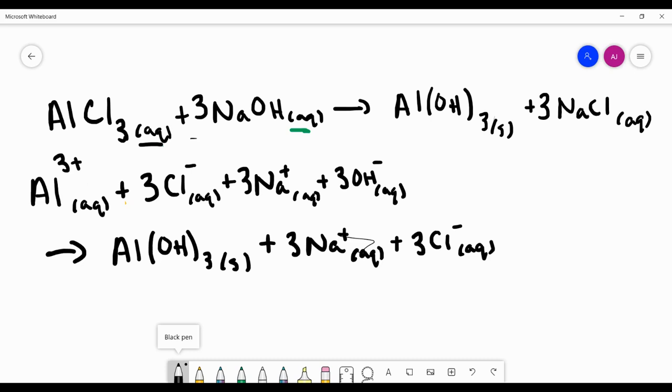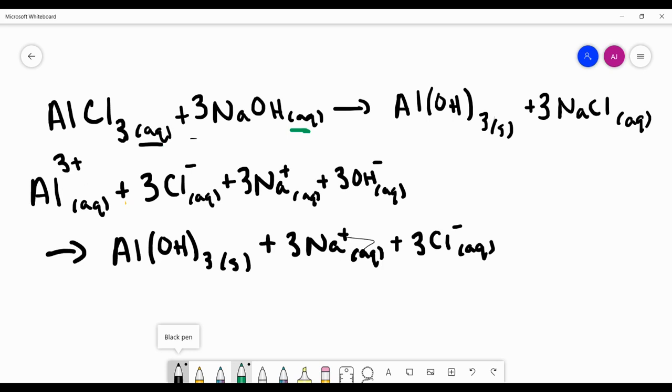Ionic is as in I'm showing the ions, and total as in I'm showing all of the ions present. Next up, we are going to make this a net ionic equation. What I'm going to do is compare reactants to products and any chemical substance that is found in the same state, with the same charge, and in the same quantity, I'll cross off.